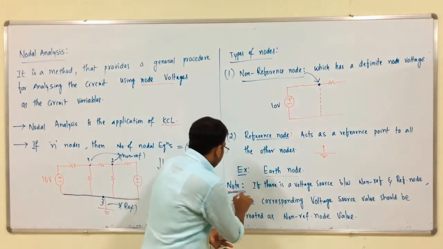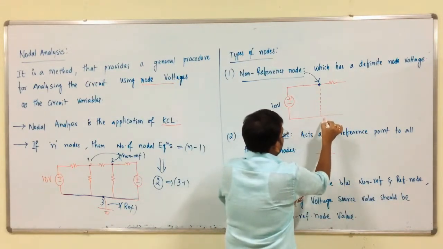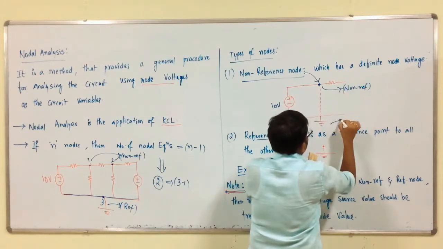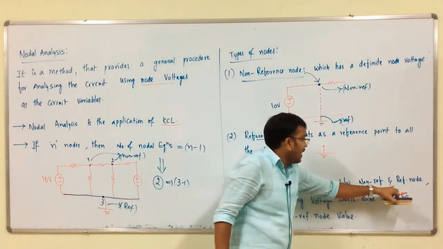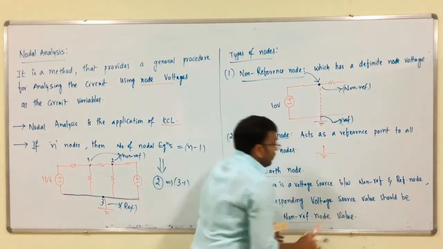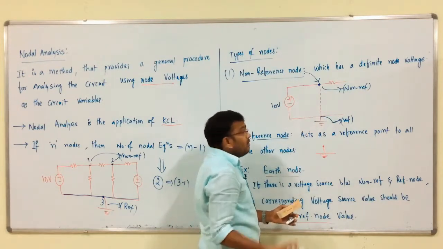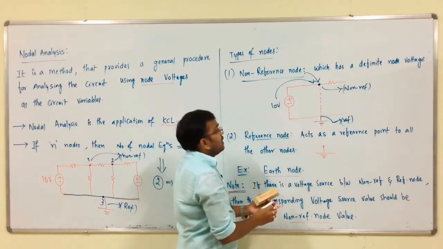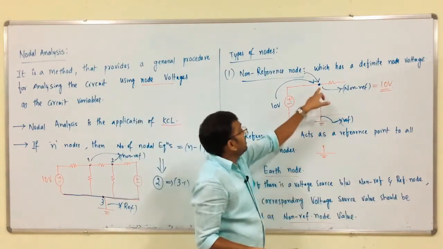And coming to one more point: if there is a voltage source between a non-reference node and the reference node, this is the non-reference node and this is the reference node.